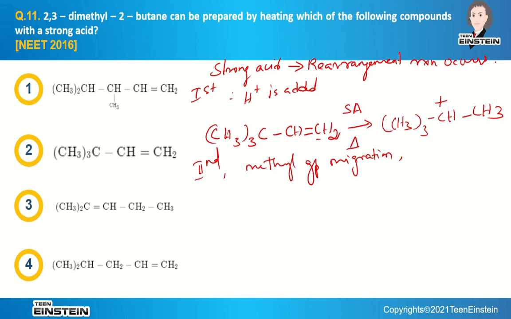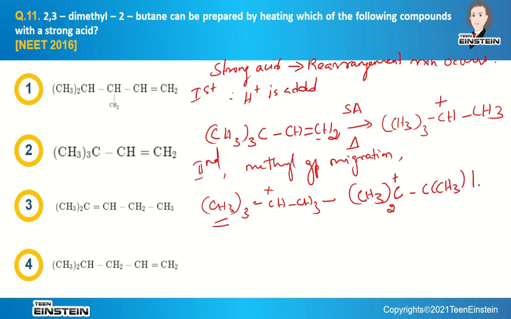After migration of the methyl group, one of the methyl groups shifts over here, so this carbon becomes positive and the methyl group shifts over here. CH3, hydrogen, CH3.